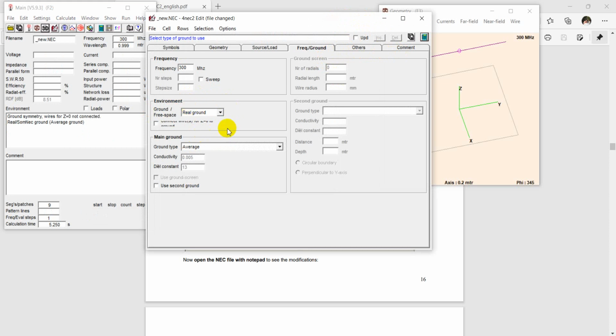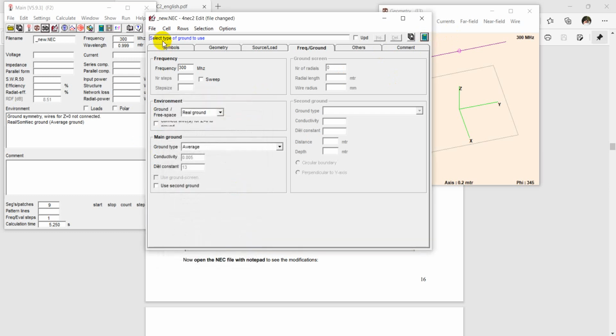Real ground here means the antenna is not placed in the ground. When we put the checkbox at 0, the antenna is above the ground but not situated in it.